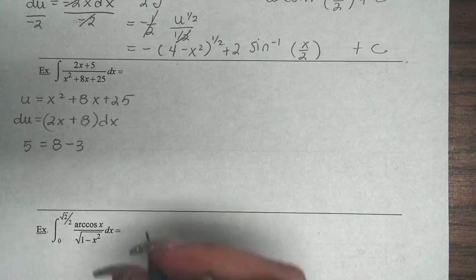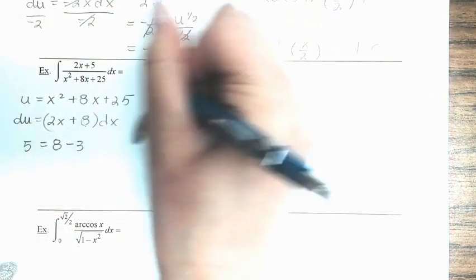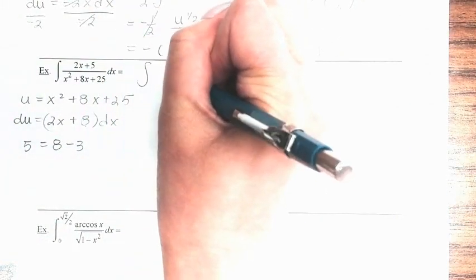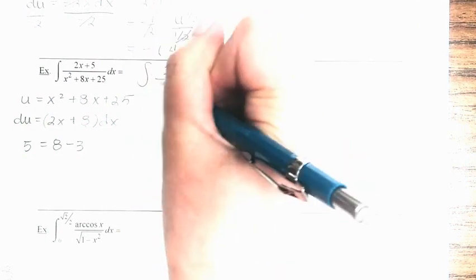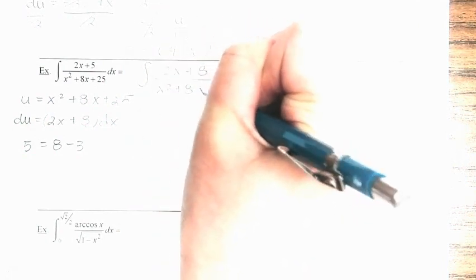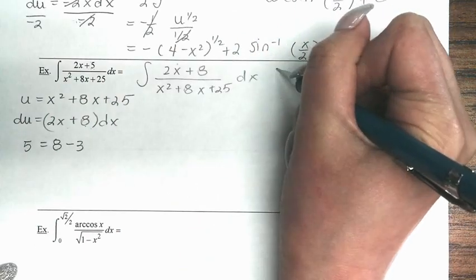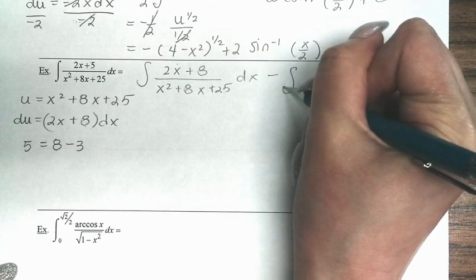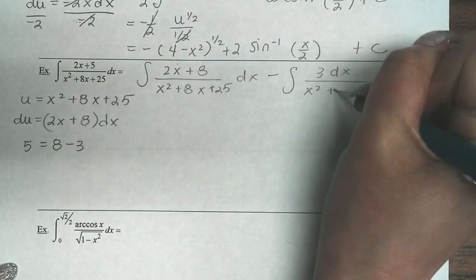What are we going to do here? You know that this 5 is like 8 minus 3, so I can split your fraction as (2x plus 8) divided by all that monstrosity that we have in the denominator, dx, minus 3 dx divided by all the monstrosity.